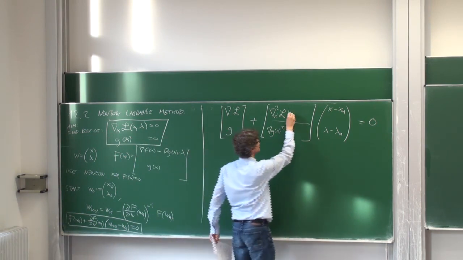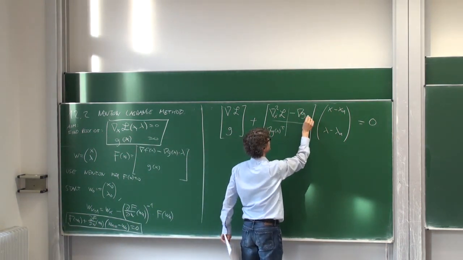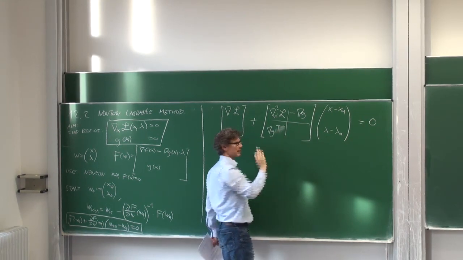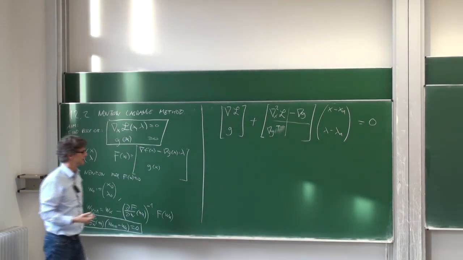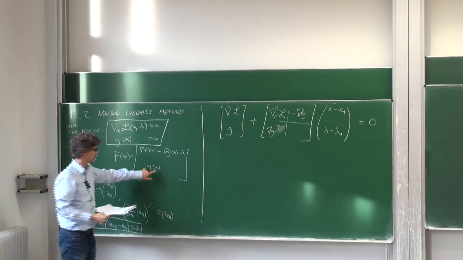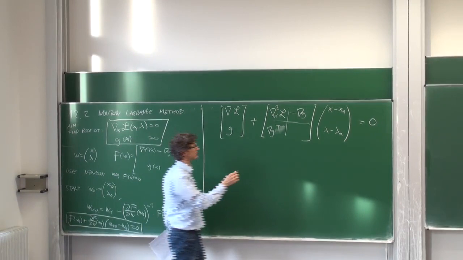So here I have minus nabla g. It's more consistent if I drop the argument, because it's always xk here. And of course, the last equation does not depend on lambda, so I get a 0 here.